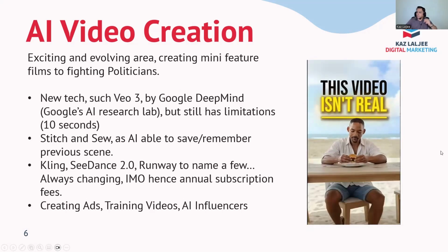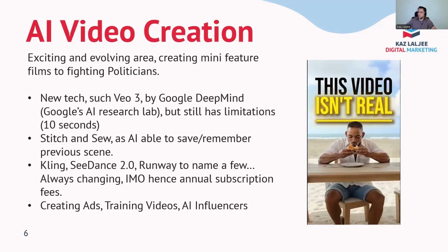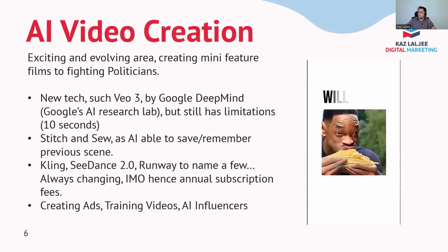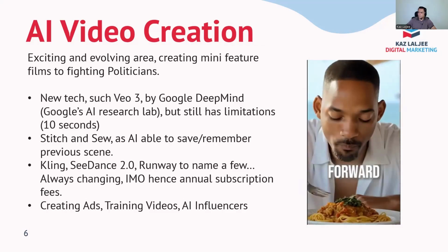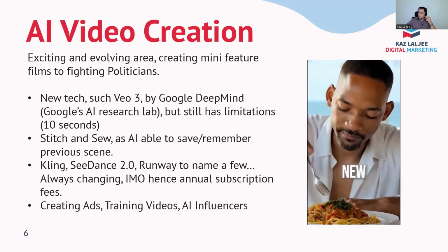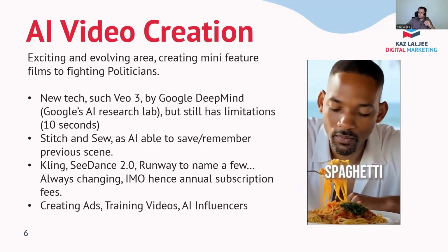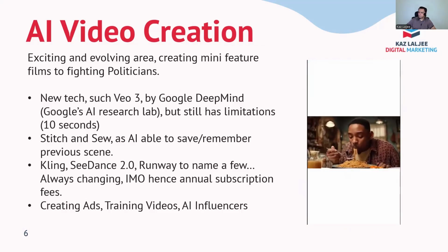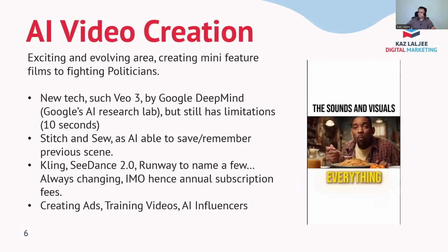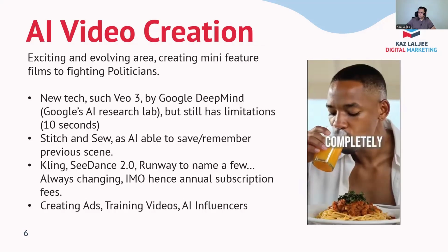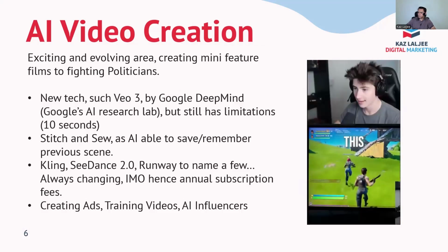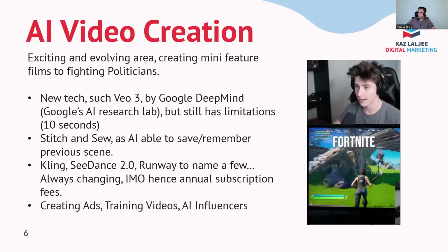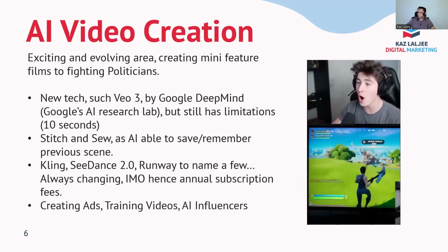Guys, I think we're cooked. A few years ago, this video of Will Smith eating spaghetti went viral on the internet, and it freaking blew our minds. Fast forward a couple of years, and this is a new thing. Eating spaghetti. The sounds, the visuals, everything you're seeing right now is completely fake, AI generated. That ain't really doing nothing to you? All right, then let's watch this video of this guy playing Fortnite. Yes!